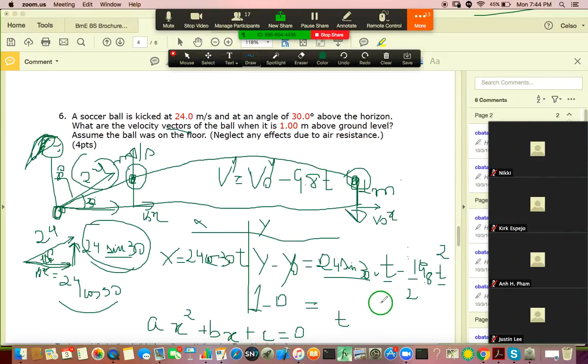So once you find time in the second degree equation, you plug it in here, and then you can find your y component, right? Because you have your v naught y. And then the second time you plug it in here, you have this component given. And believe me, this first component in y will be a positive velocity in y because it's going up. The second one will be negative. Got it?